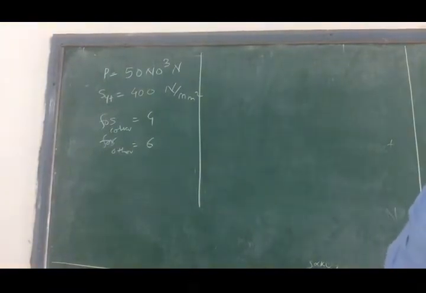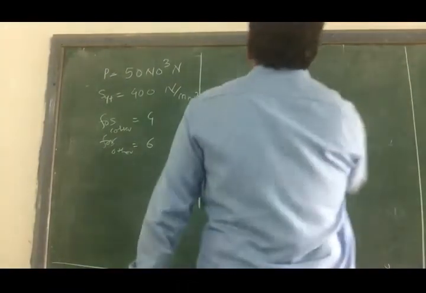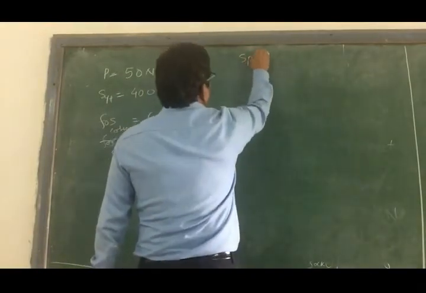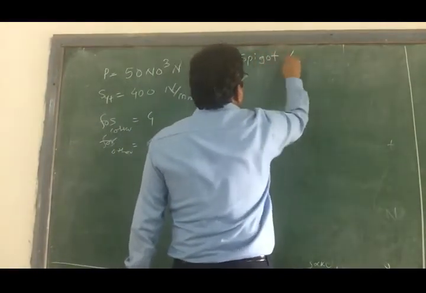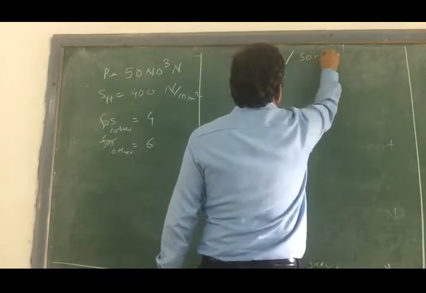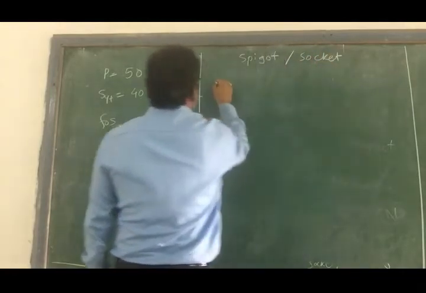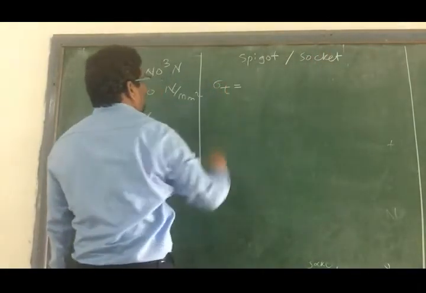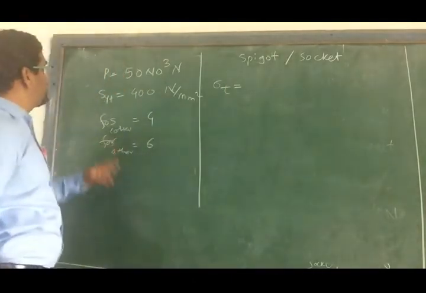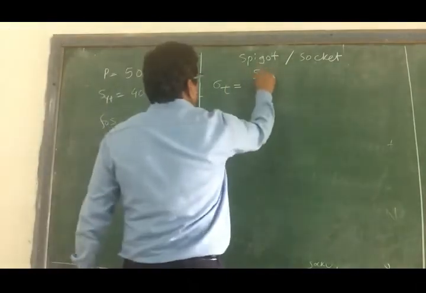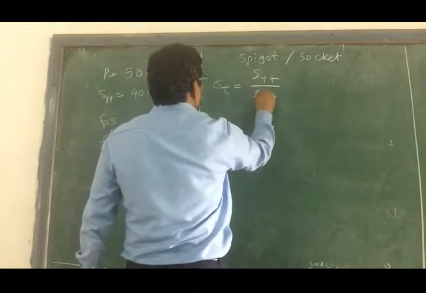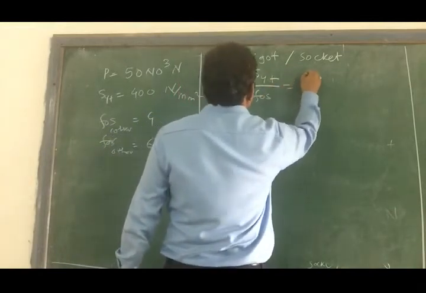First, let's find the limiting stresses for the spigot and the socket. The limiting stress for sigma T, the tensile stress, is SYT upon factor of safety, which in this case is 6.